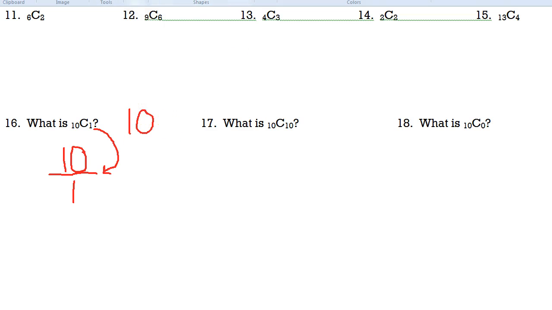Now, 10C10 is going to be kind of funny because it gives you the same answer. It's just kind of scary as you do it. So you have to make 10 blanks, and then you have to go 10, 9, 8, 7, 6, 5, 4, 3, 2, 1. But remember, it is a combination count up.